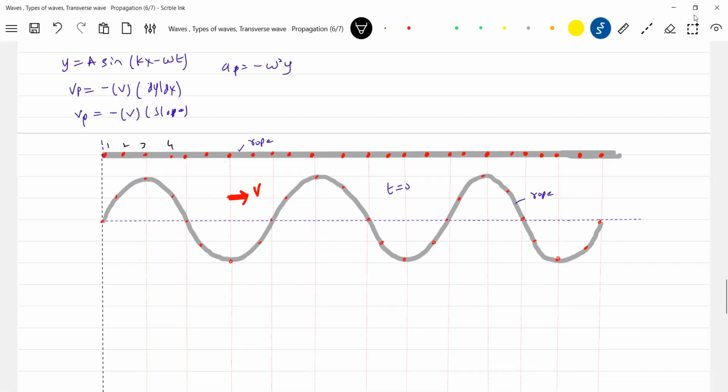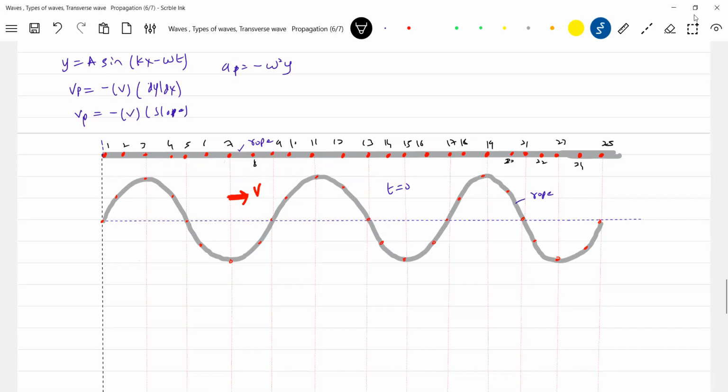1, 2, 3, 4, 5, 6, 7, 8, 9, 10. There's a maximum displacement already. So now there's a point.